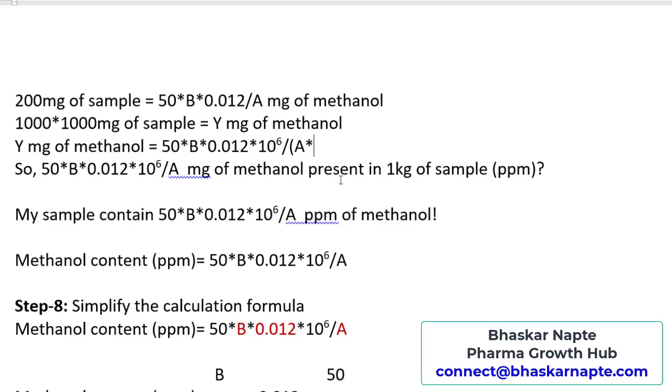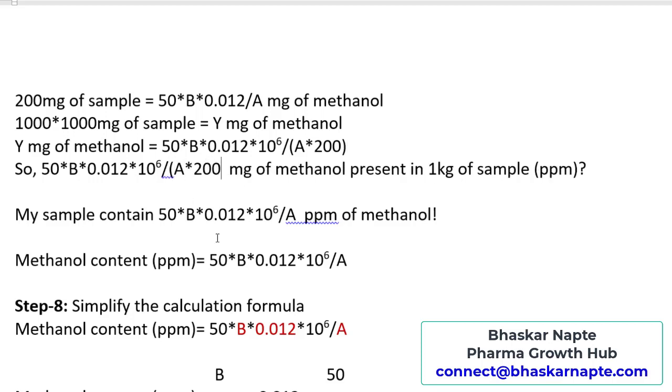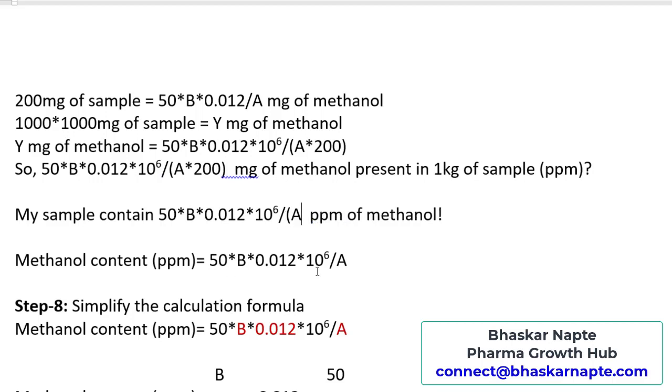My apology for the error over here. I hope you can understand this now. So I will just correct the calculation formulas everywhere. Please allow me some time to do this, and I hope you understand where I made the mistake. So let me correct it. A into 200.